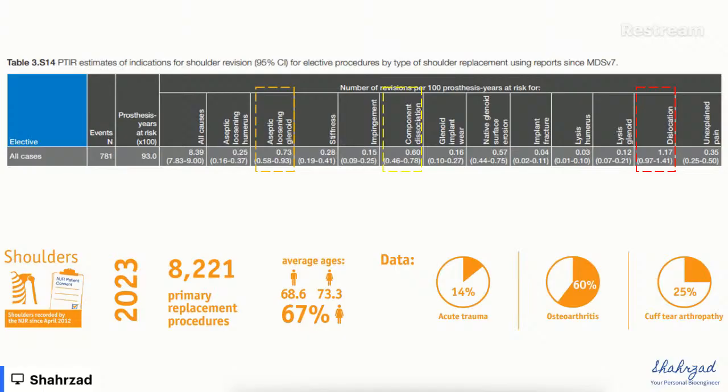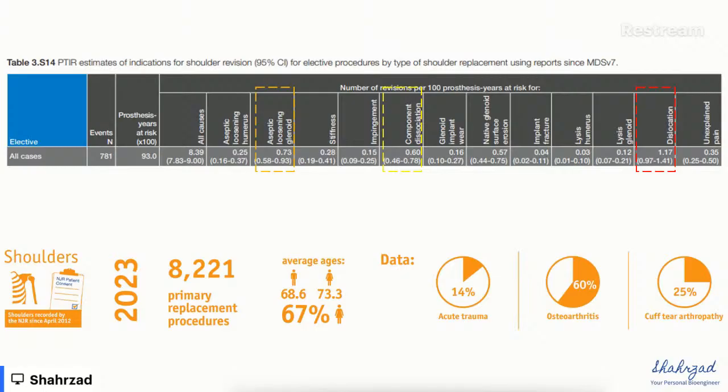And then in terms of statistics, in 2023, there were 8,221 primary replacements of the shoulder joint. Primary meaning the patient has a problem with their shoulder joint, and for the first time, the surgeon would put an implant in there.